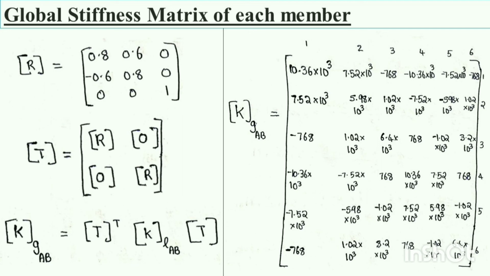KGAB will be a 6 by 6 matrix with terms 10.36 into 10 raised to 3, 7.52 into 10 raised to 3, minus 768, minus 10.36 into 10 raised to 3, minus 7.52 into 10 raised to 3, minus 768, and like this 6 rows and 6 columns.